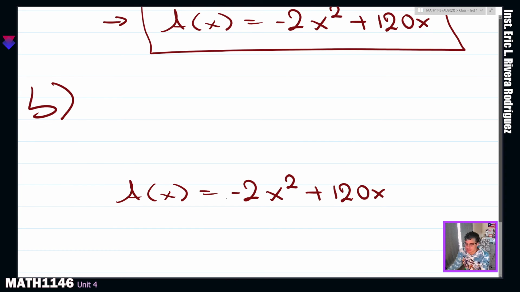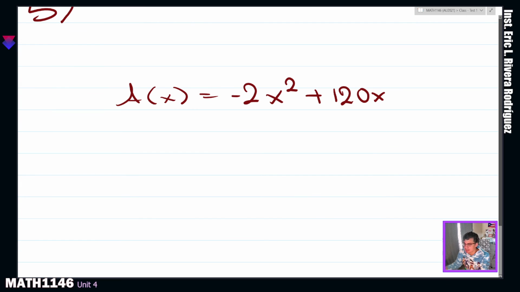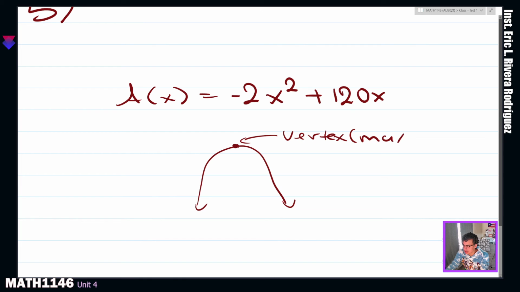Okay, that's the function that we have. This is a quadratic function. The leading coefficient is negative. It means that the parabola opens down. Hence, yes, the vertex is going to give us the maximum value. So yes, we can get a maximum value with this equation.